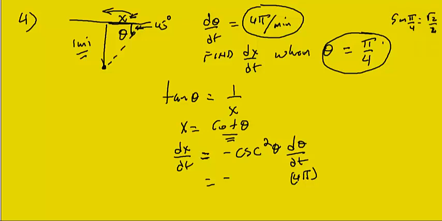So that means cosecant will be 2 over root 2. So this is going to be 2 over root 2 squared. The top turns into 4, the bottom turns into 2, so that reduces to 2. 2 times 4 is going to give me 8, so negative 8π.